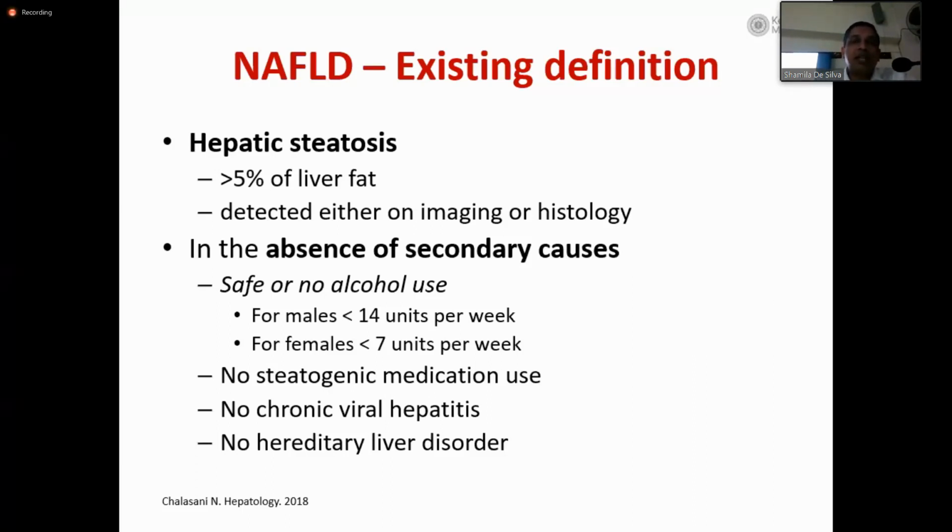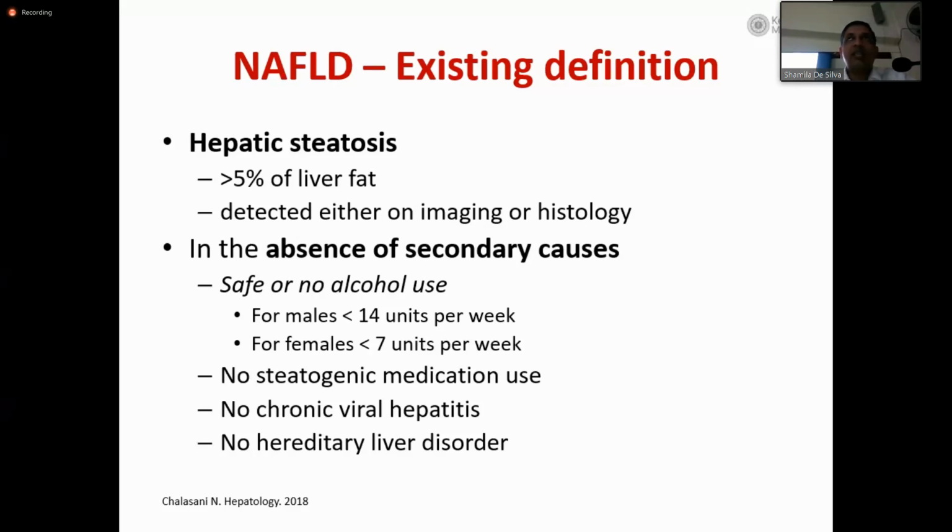The cutoffs that are relevant to our Asian population are less than 14 units per week for males and less than 7 units for females. We should also inquire about drugs that can cause liver fat, hepatic steatosis, like steroids, chronic viral hepatitis, especially hepatitis C, which is well known to cause fatty liver in the early stages, and some hereditary liver diseases like Wilson's.